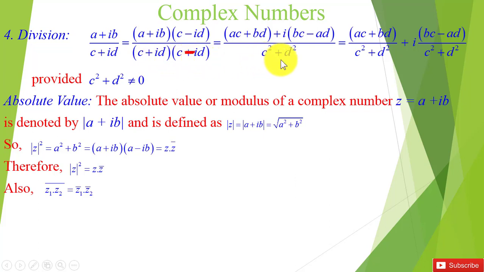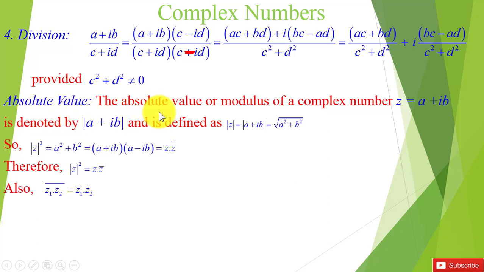So this is c square plus d square, which is equal to (ac plus bd) by (c square plus d square) plus i times (bc minus ad) by (c square plus d square), where this quantity is real part and this quantity is imaginary part, provided c square plus d square is not equal to 0.